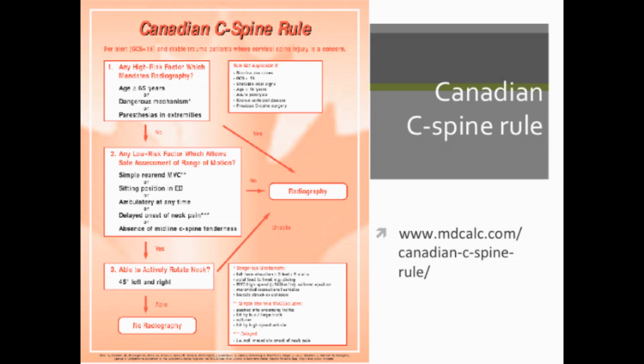If the answer to all those things is no, then you need to ask yourself, are there any of these low risk factors present? And it doesn't have to be all of them, it can just be one of them.